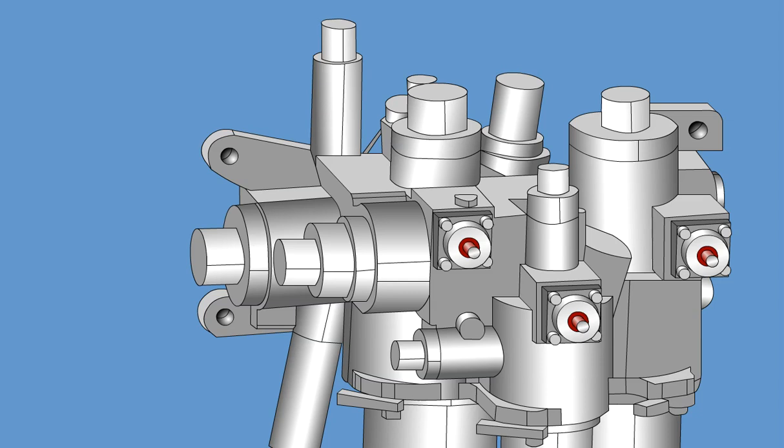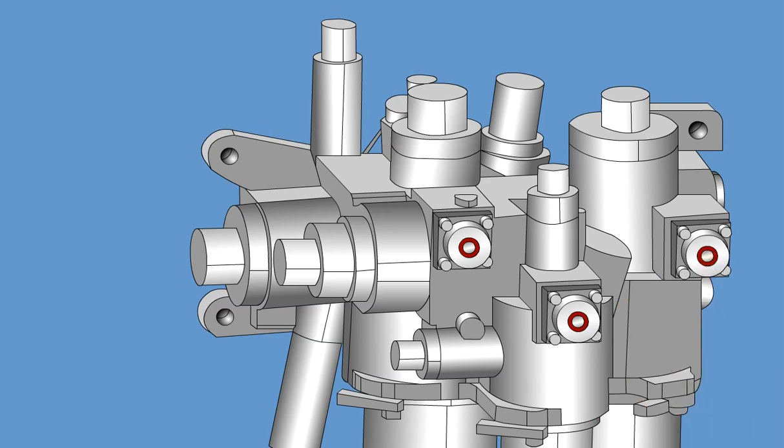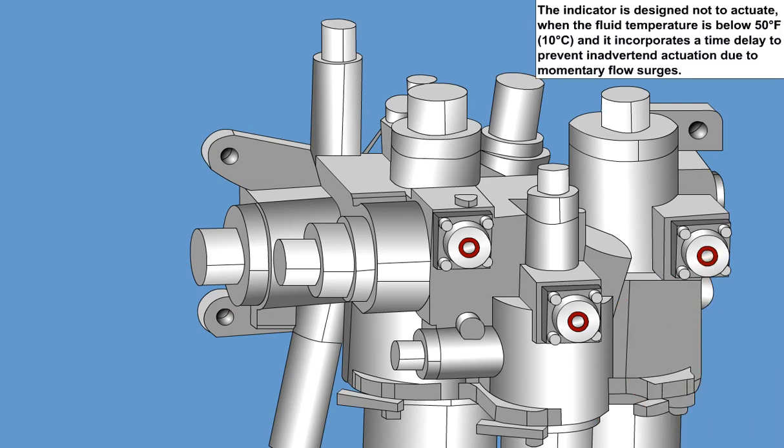Once actuated, the red indicator remains extended until reset manually. The indicator is designed not to actuate when the fluid temperature is below 50 degrees Fahrenheit, 10 degrees Celsius, and it incorporates a time delay to prevent inadvertent actuation due to momentary flow surges.